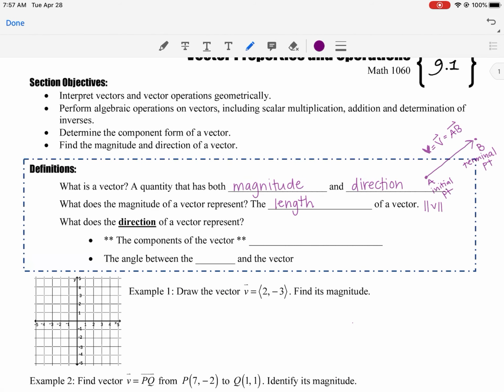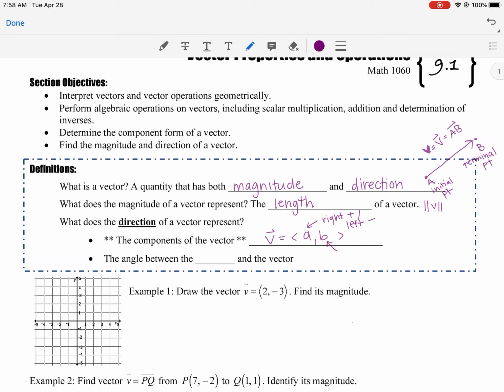So lastly, what does the direction of a vector represent? It represents the components of the vector. If we have this vector v, they usually write it with brackets that almost look like inequality signs, but they're not. It will have an a value and a b value. The a value represents if we're going to the right, positive, or to the left, negative.